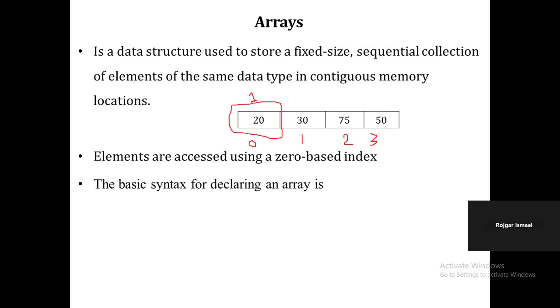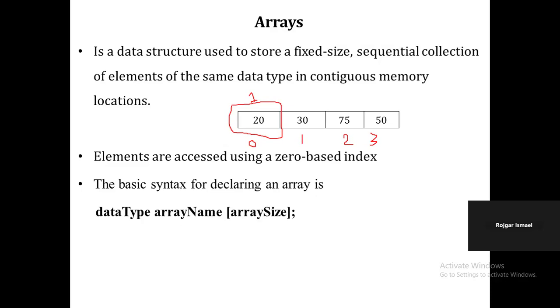The basic syntax of declaring an array is the data type, I mean integer, float, and so on, then the array name, the name of the data you propose, and then finally the array size.